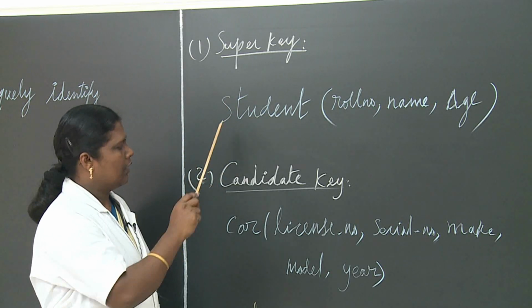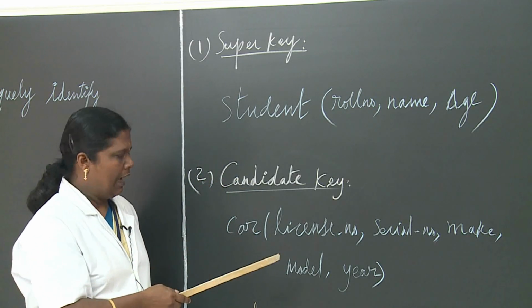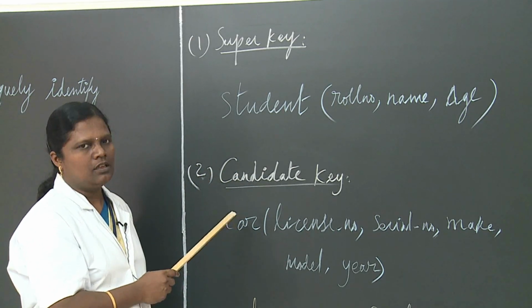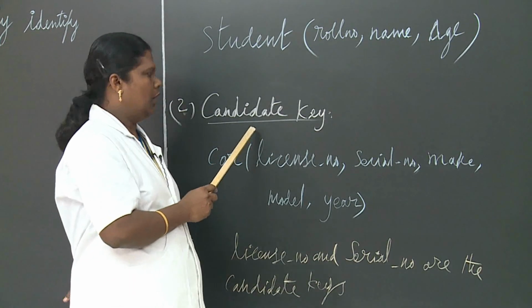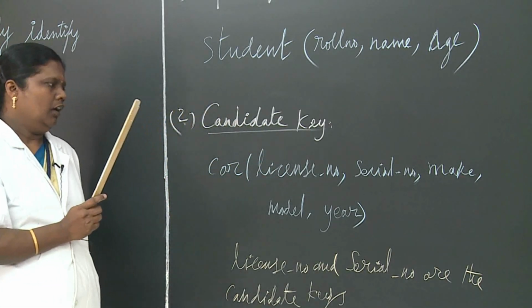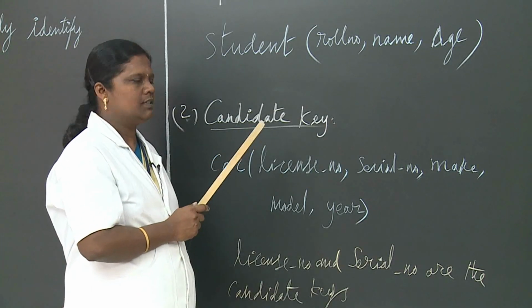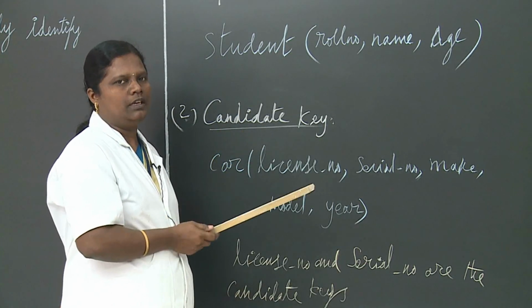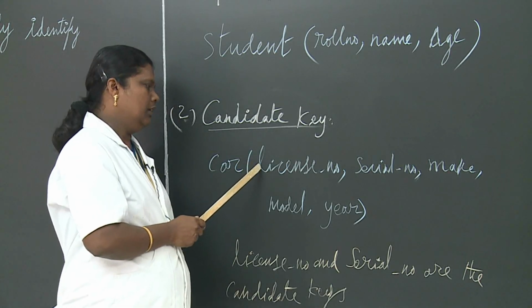We'll see how the candidate key differs from the super key. A candidate key is also differentiating the data available in the database, but one or more sets of attributes are uniquely identifying the data.